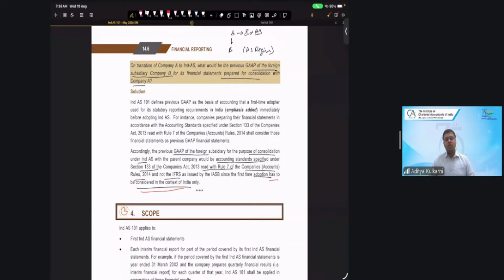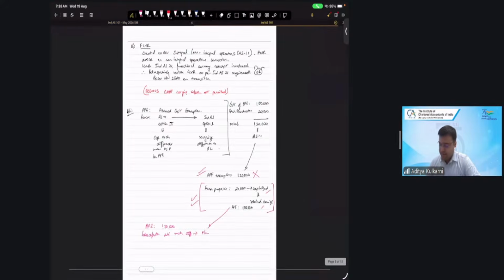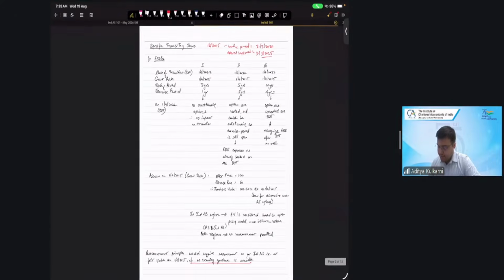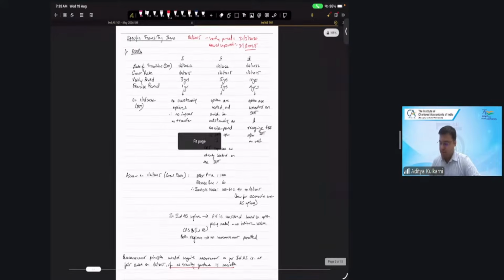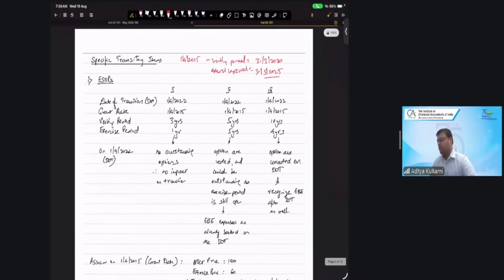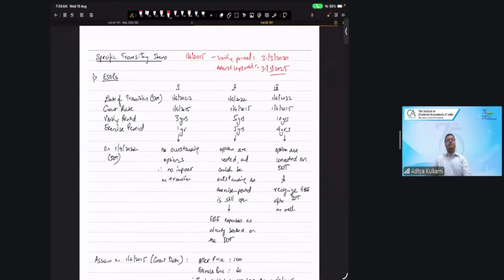Now we come to certain specific transitory items. This is where the standard starts getting important from an examination perspective.